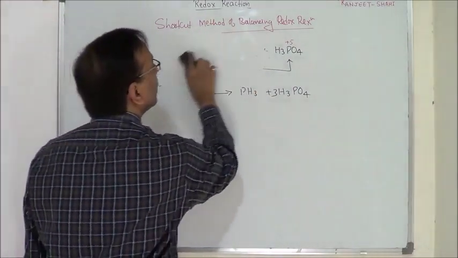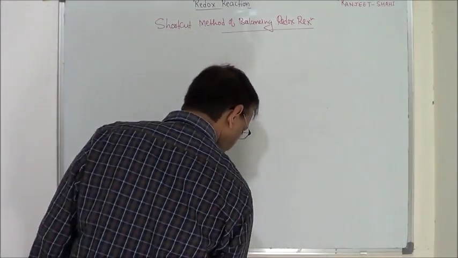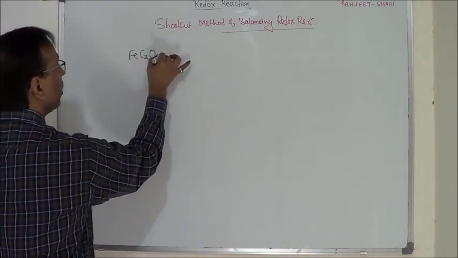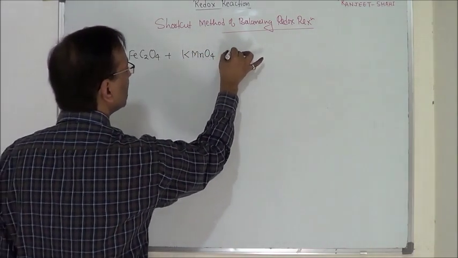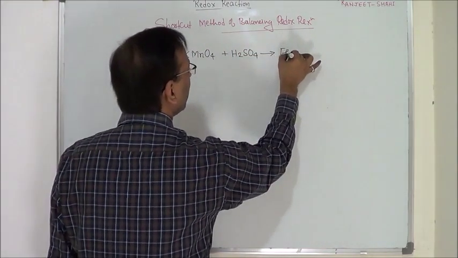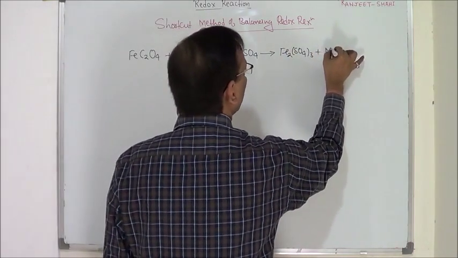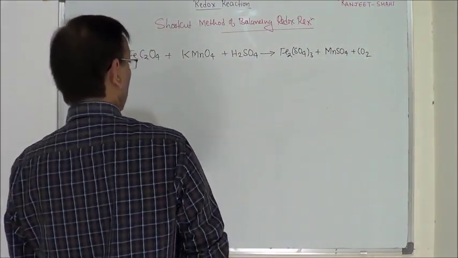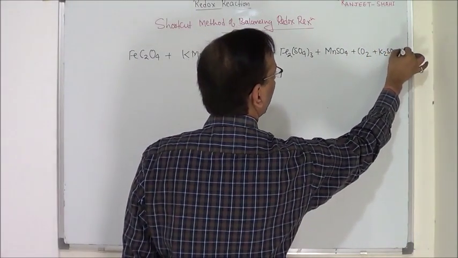Let us take a redox reaction: FeC2O4 plus KMnO4 plus H2SO4 giving Fe2(SO4)3 plus MnSO4 plus CO2 plus K2SO4 plus water.